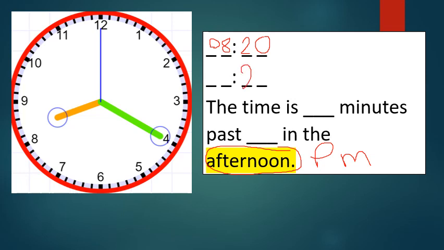So the minutes stay the same. I want you to pause. What would the hour be? You should have added number 12. You should have added 12 to it. So it would be 20:20. It's 20 minutes past 8 in the afternoon. And you fill in those boxes there.